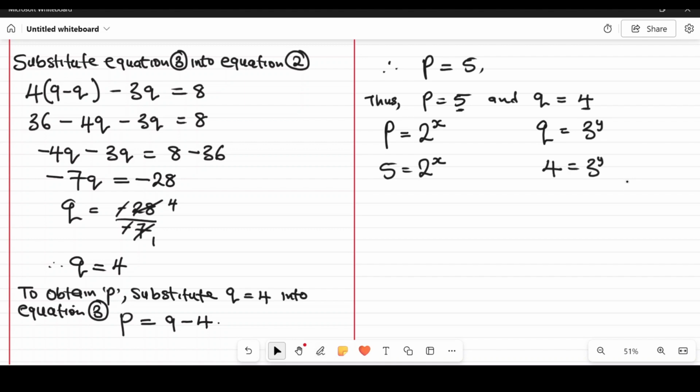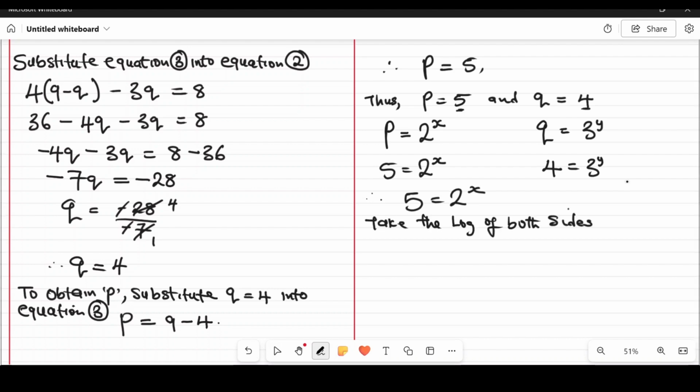Now we have these two equations given to us. One of the ways we solve it is that we will take the log of both sides. Therefore, we have 5 equal to 2^x. Taking the log of both sides, we have log 5 to base 10 is equal to log 2^x to base 10.